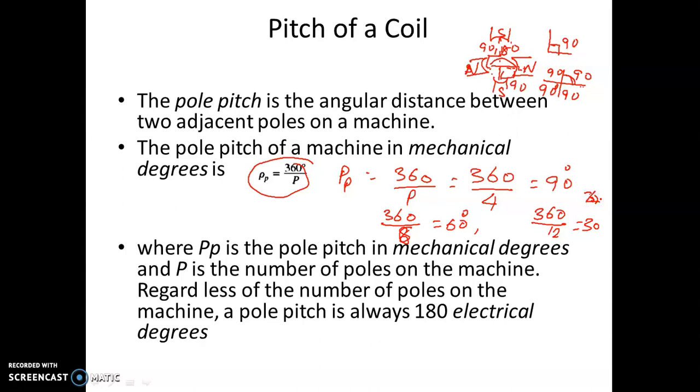So we can design any number of poles and separation accordingly by this formula, pole pitch equals 360 divided by P, where pole pitch is in mechanical degrees.